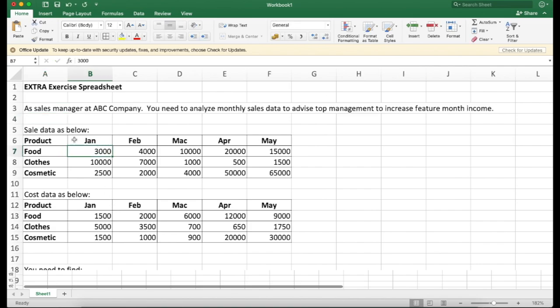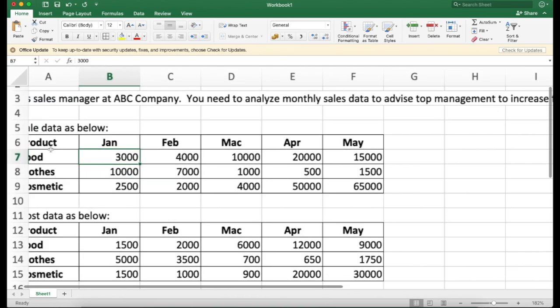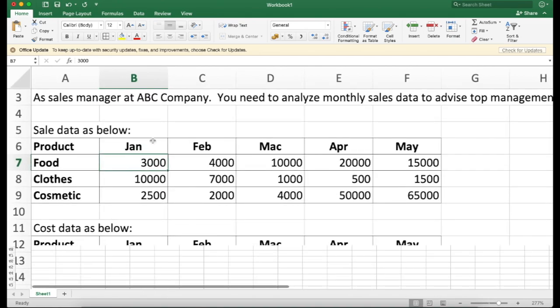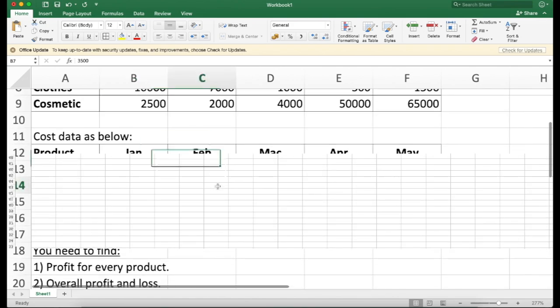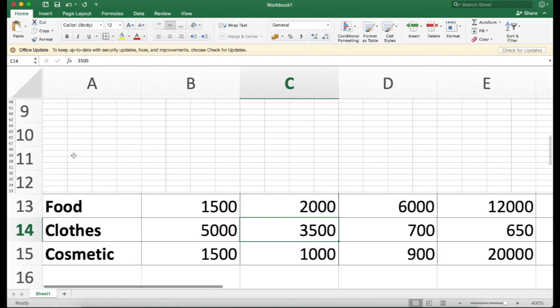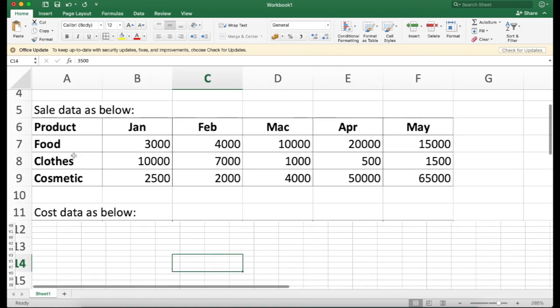Alright, so this is sales data. We have three products only: foods, clothes, and cosmetic, starting from January, February, March, April, and May. So all this figure is about the sales. And then this one is data about the cost.